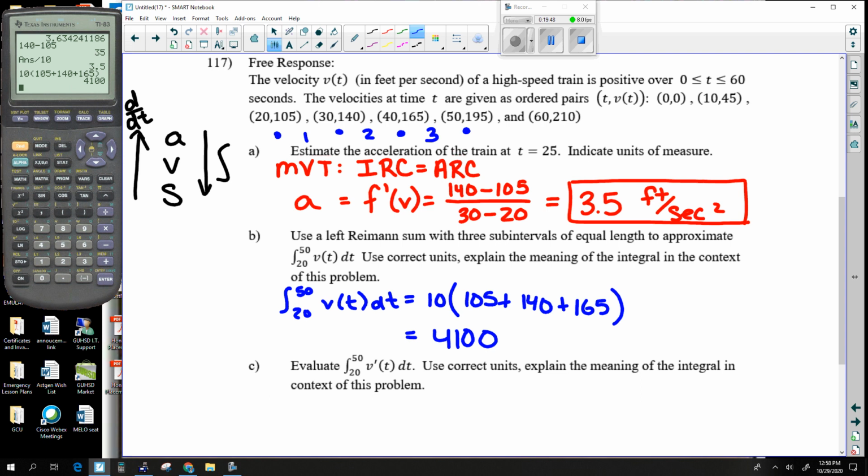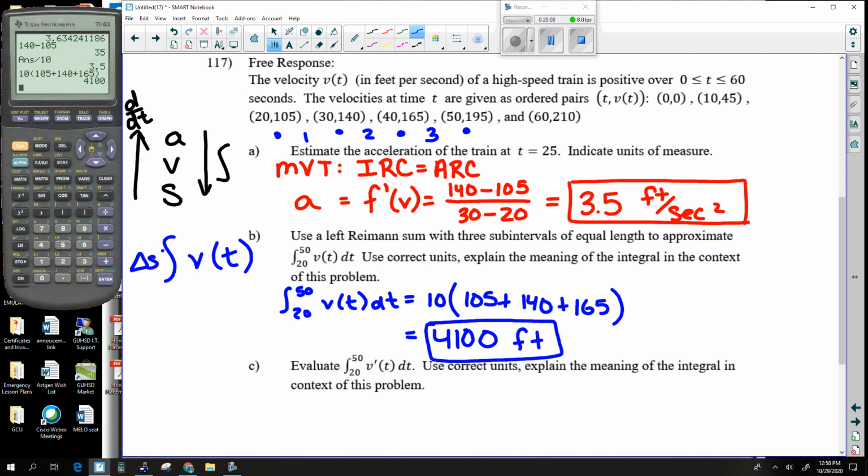Okay, an integral of velocity is a position, and so this is going to be feet. Okay, explain the meaning of the integral. So what is an integral of a velocity?